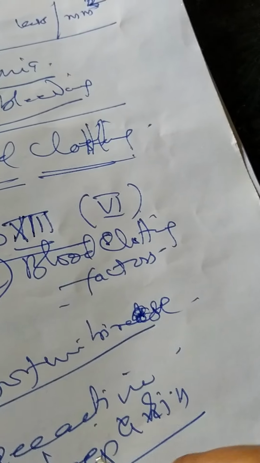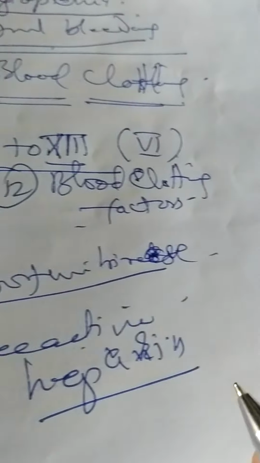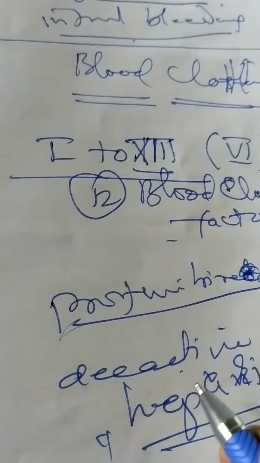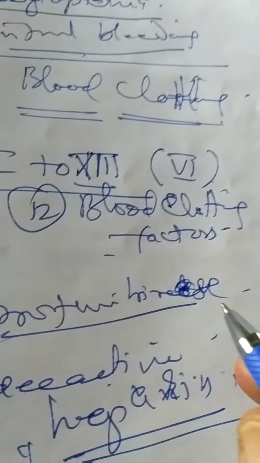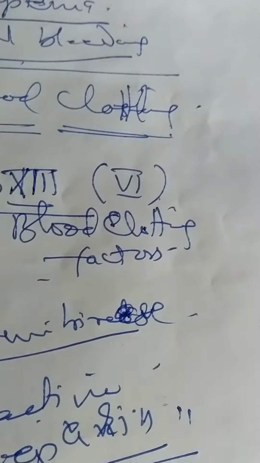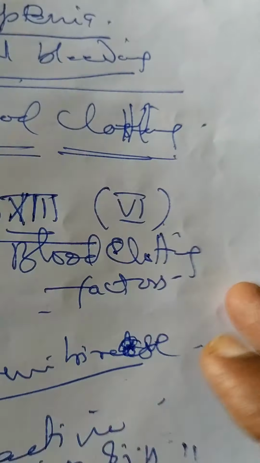This heparin is the anticoagulant one; it does not allow the blood to coagulate, and this heparin is deactivated by prothrombinase, which is produced by the platelets. Sorry, I beg your pardon, by the platelets.